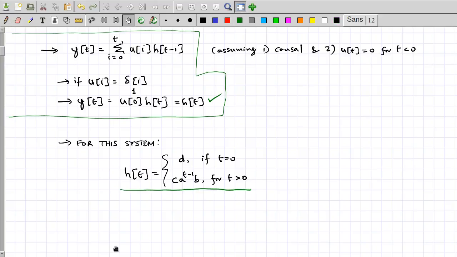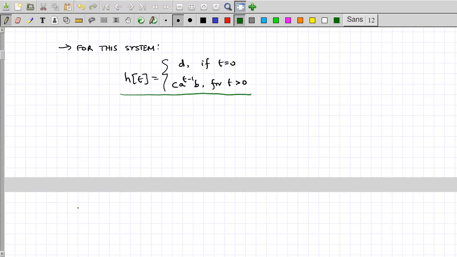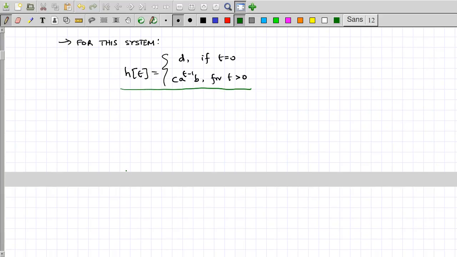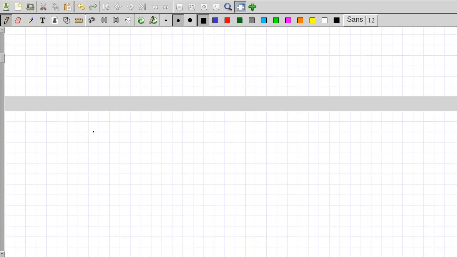Now let's try this on a real example. We'll take a very simple one that we had done early on, a compound interest example. If you look back to when we were introducing state space systems, you'll find that there was a compound interest example that I used to introduce the concept of discrete time systems.